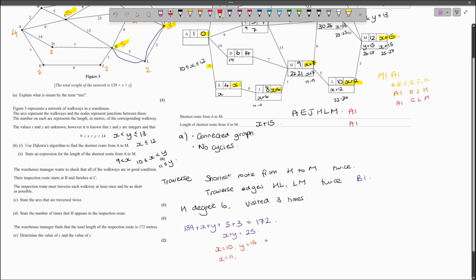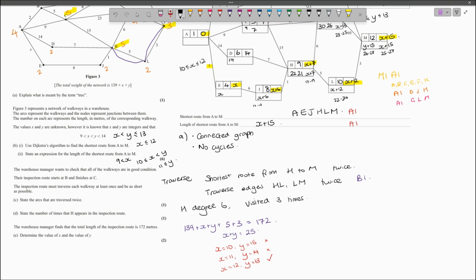If x equals 11, y is equal to 14, which can't happen. And if x is equal to 12, then y is equal to 13, which can happen. Finally, x cannot be larger than y, so these are the only pairs we can really consider for x. And we can see that x equals 12 and y equals 13.